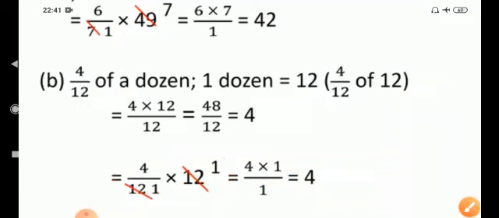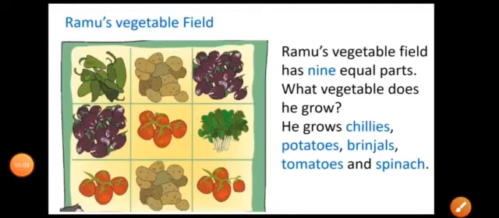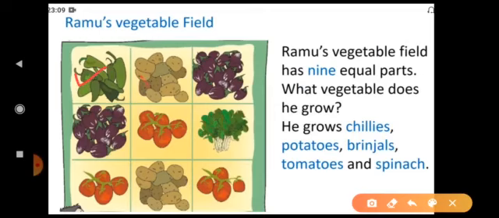Ramu's vegetable field has 9 equal parts. 1, 2, 3, 4, 5, 6, 7, 8, 9. Now, what vegetables does he grow?